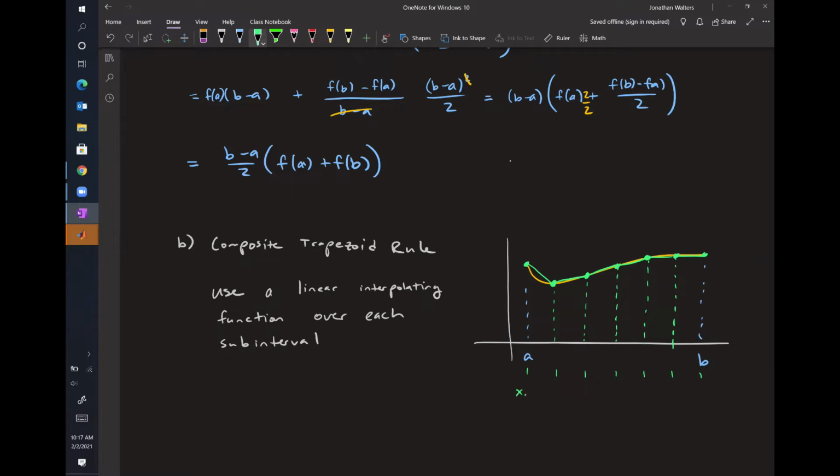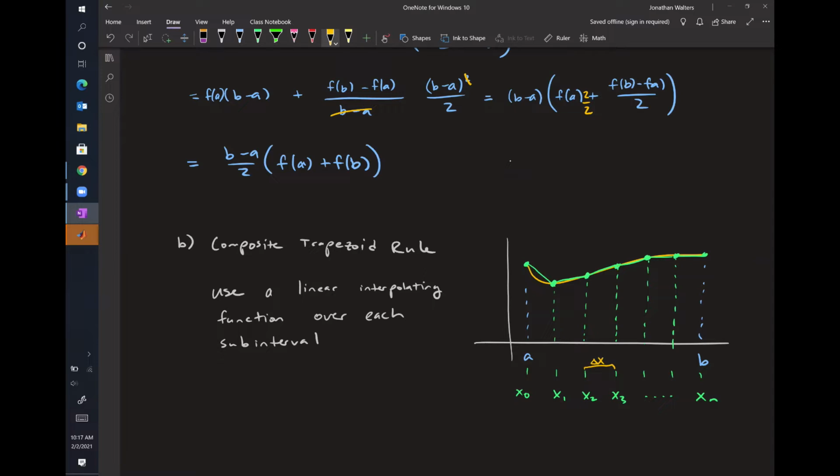We call the points x0, x1, x2, x3, and xn is the very last one.